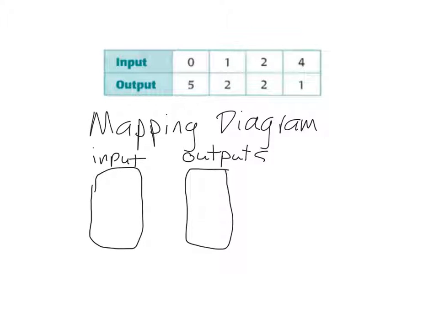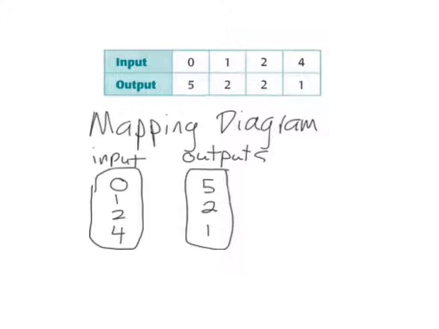And now we can list our inputs and outputs in the boxes. So our inputs, we have 0, 1, 2, 4. That's our domain. And the outputs, we have 5, 2 and 1. I have 2 2's in the table, but we just have to write 2 once. We're only listing the elements in the range, so I don't need to write both 2's, right?